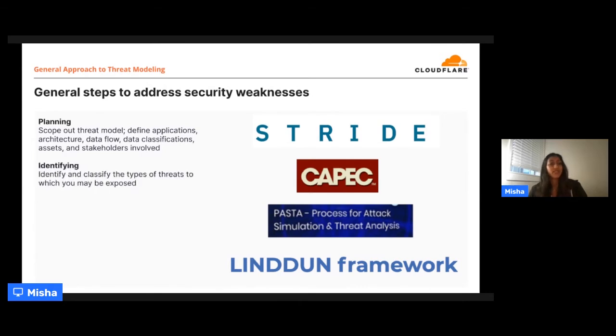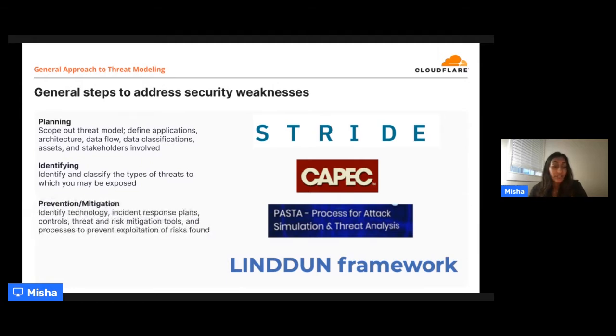The next phase usually involves identifying and classifying the types of threats that you may be exposed to after you've done the planning and assessment. Third is prevention and mitigation. And this is where you typically identify threat and risk mitigations, tools and processes, and bug fixes as well to prevent exploitation of the risks that have been found.